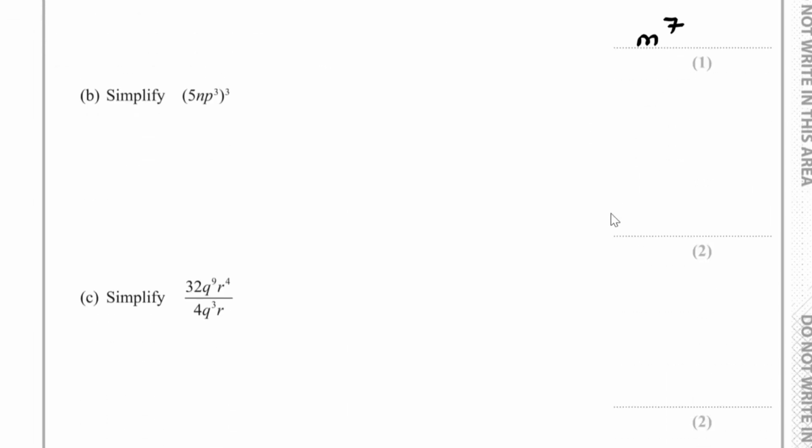For part B, we have to simplify 5np cubed, all cubed. Well, what this is the same as is multiplying 5np cubed by itself 3 times.